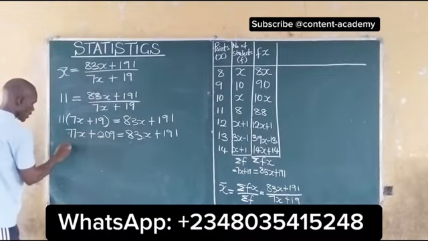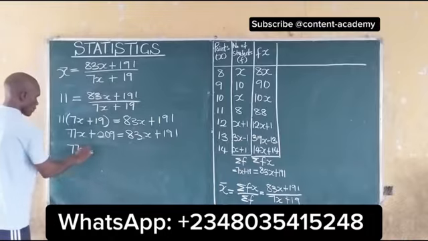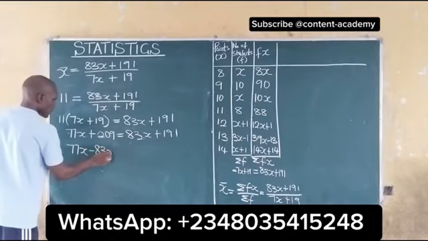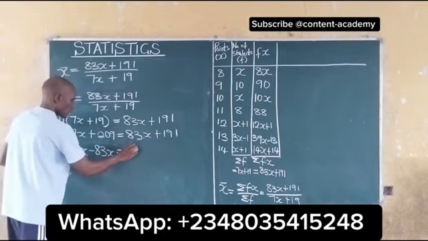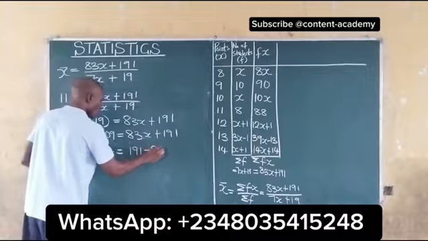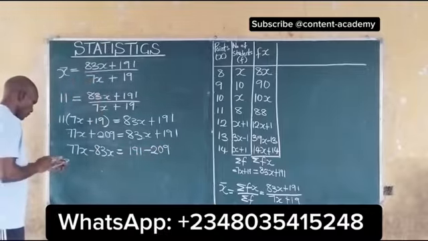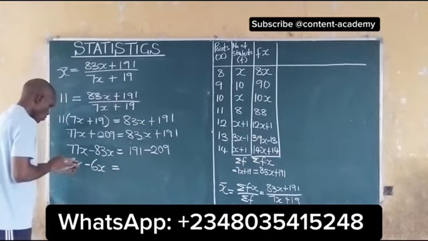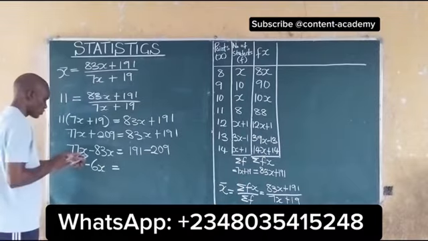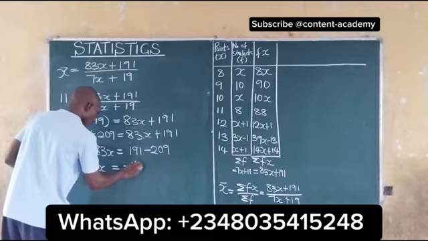To collect items, we have 77x minus 83x is equal to 191 minus 209. So 77 minus 83 is equal to negative 6x is equal to 191 minus 209, which is negative 18.